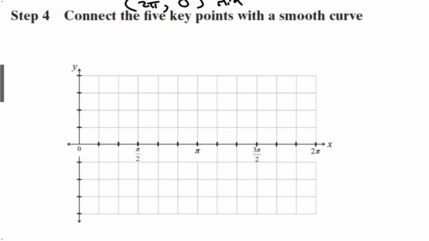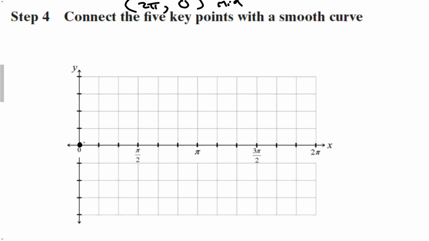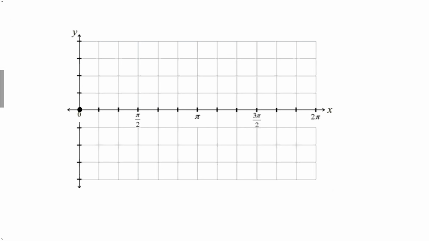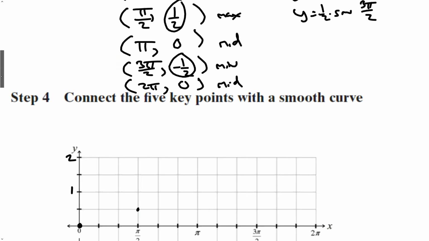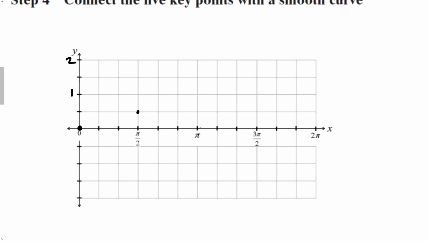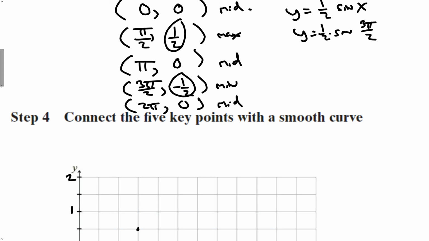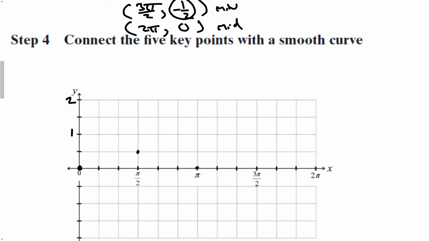Let's graph this function. We got 0, 0. Next point was pi over 2, comma, 1/2. Let's call this 1 and 2. Let's not make this too skinny. So this would be 1/2. Then the next point is pi, 0. That's right there. Then we have 3 pi over 2, negative 1/2. And then 2 pi, 0.